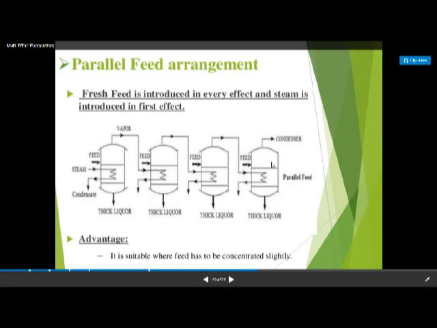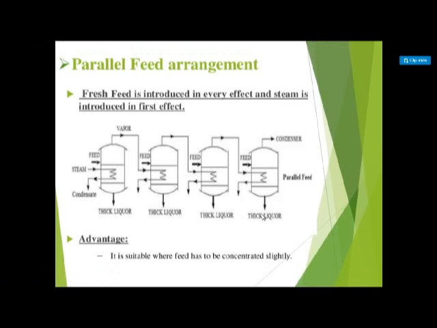Only steam is going to pass in the forward direction, but feed to each effect is introduced separately. In each effect, a different feed will be introduced. Fresh feed is introduced, evaporation happens here, and you will get a thick liquor. Again, feed in the second effect will be separately introduced, totally different; it is not going forward from any effect. In each effect a different feed is introduced and different liquor is collected. Only the steam is going to pass forward from the first effect to the next one.